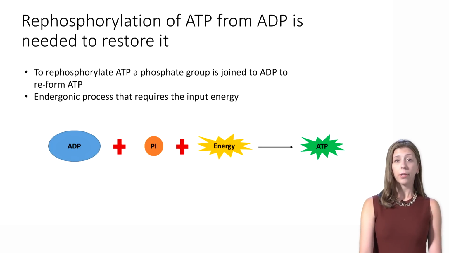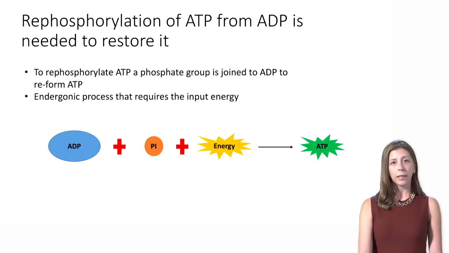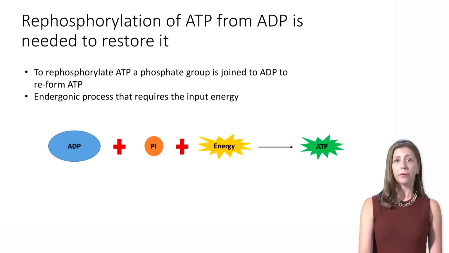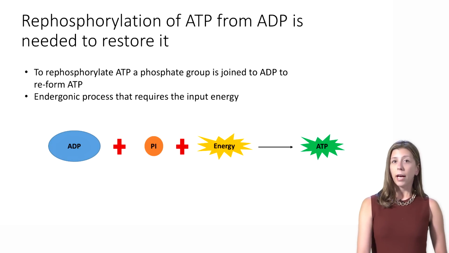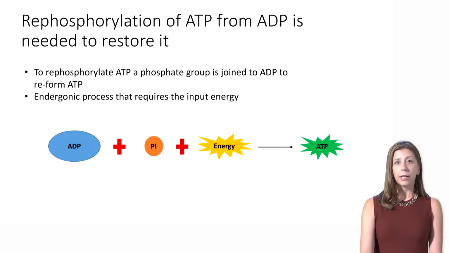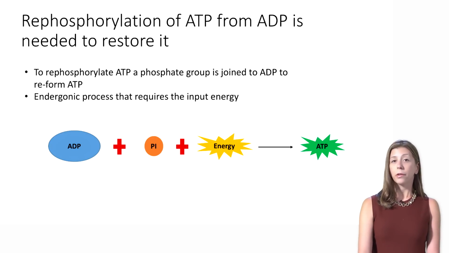Well, in order to get ATP back in its original form, we have to rephosphorylate it from ADP. So remember, we've just broken down ATP to ADP. Now we have to add a phosphate group back. So that series of reactions is called rephosphorylation, and that's what happens to restore ATP to its original form.